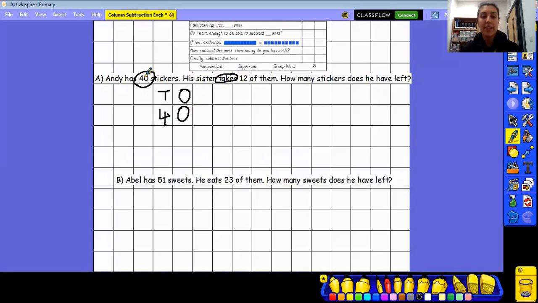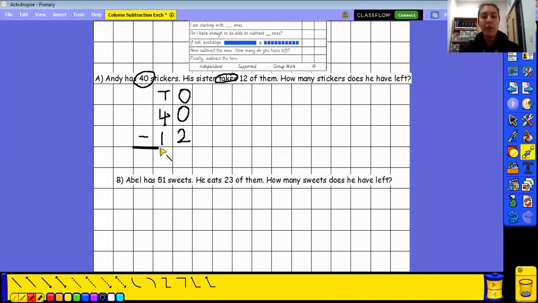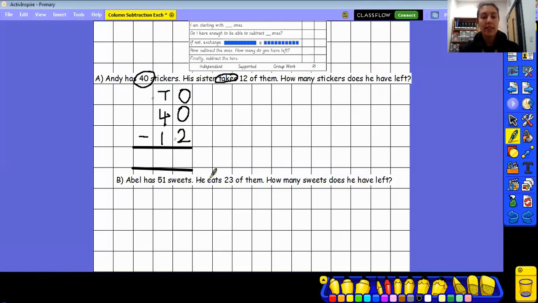So his amount of stickers is getting smaller. So that means we're doing a subtraction. And Andy's stickers are getting smaller by 12. 12 of those stickers are being taken away. And then the question asks us, how many stickers does Andy have left? So that's how we need to work out the answer.